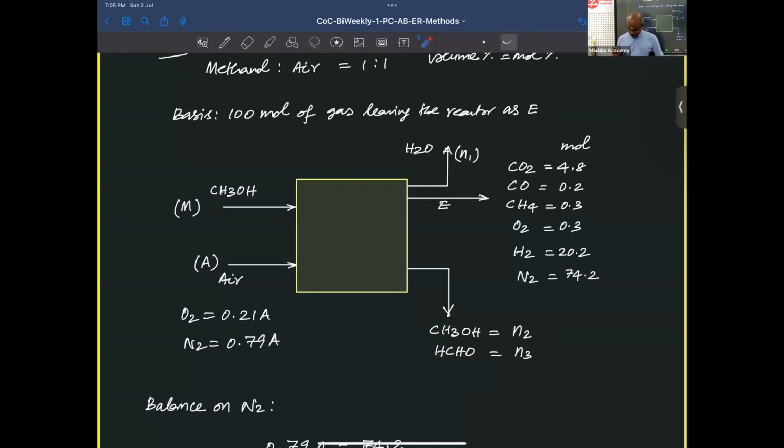Otherwise, we should know this N2, N3, and M, as well as A and N1. So these 5 unknowns are available. In what way? These are the three unknowns, and if you have another unknown, namely M, the other is M. A is automatic because M and A are in 1:1.